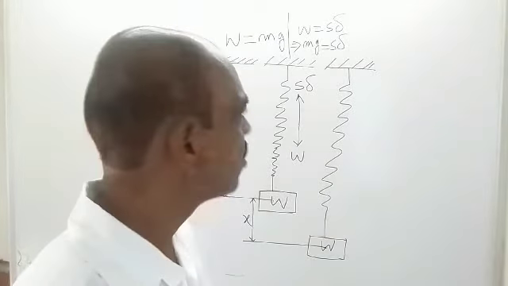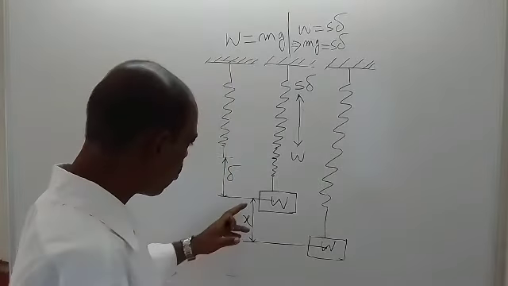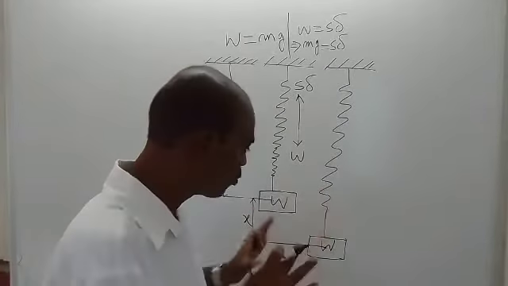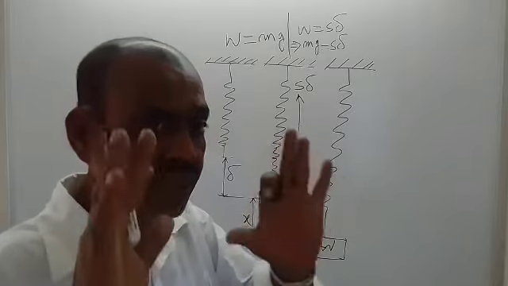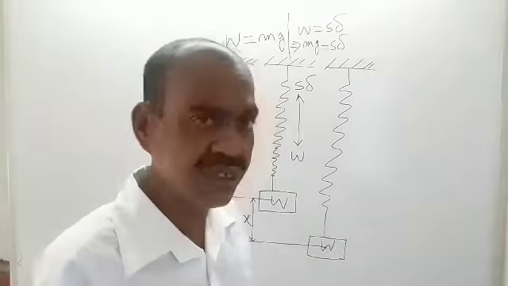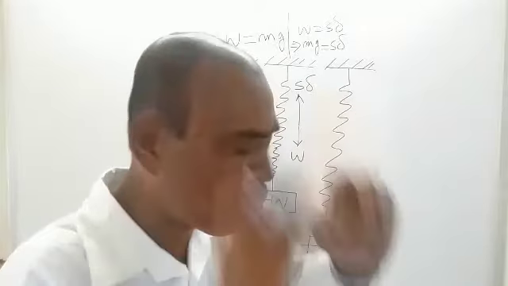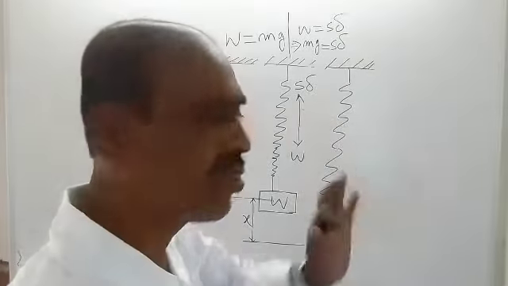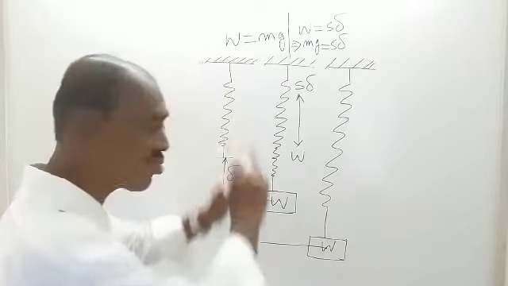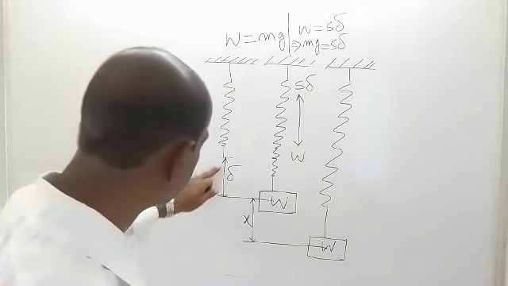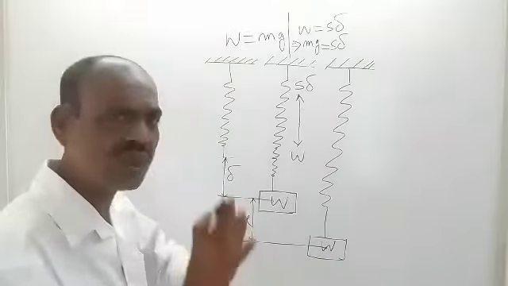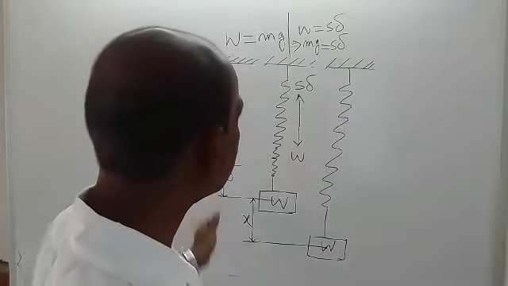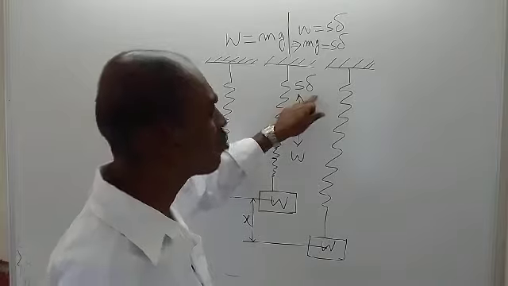Okay. So in that case, what will be the equation? Since it is free, you are not holding the weight at that moment. So in the downward direction, same force W will be there. But in the upward direction, total deflection is delta plus X. So the force will not be S into delta.